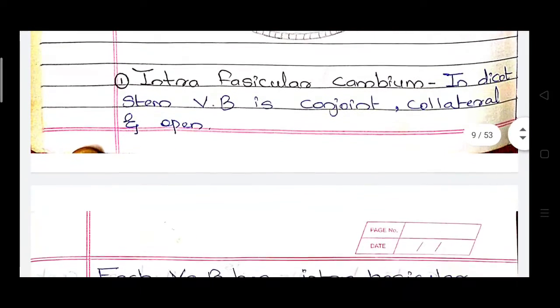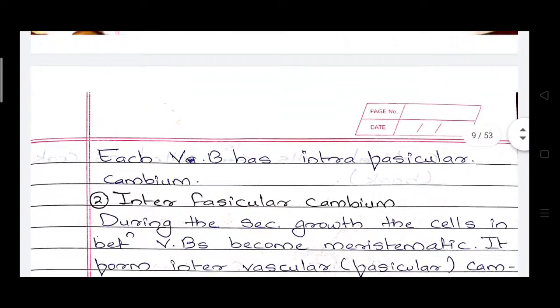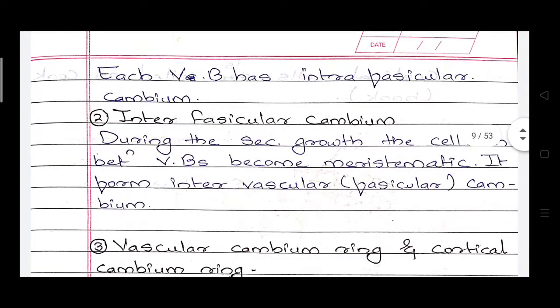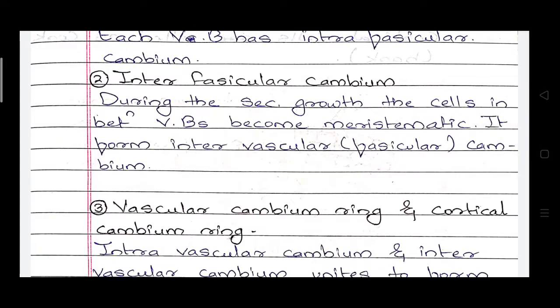Then, second, the interfascicular cambium: during secondary growth, meristematic cells are developed in between the vascular bundles, so it forms the interfascicular cambium.